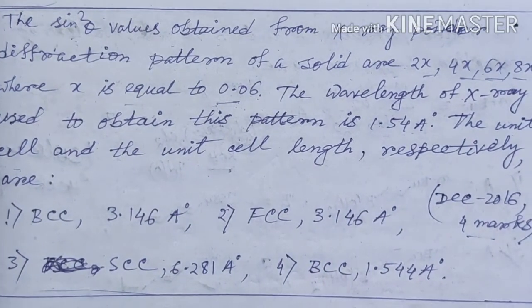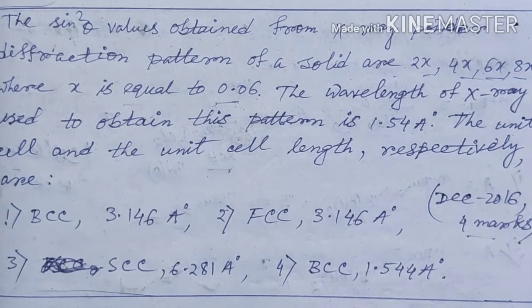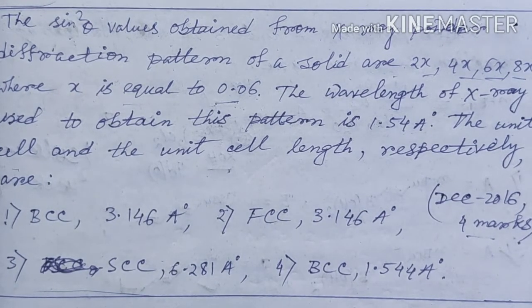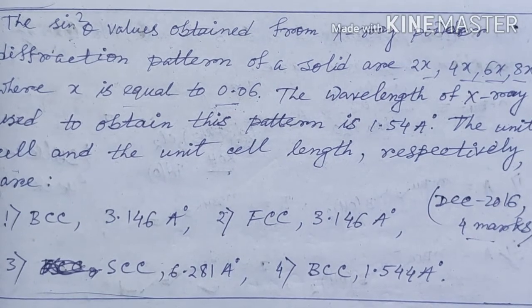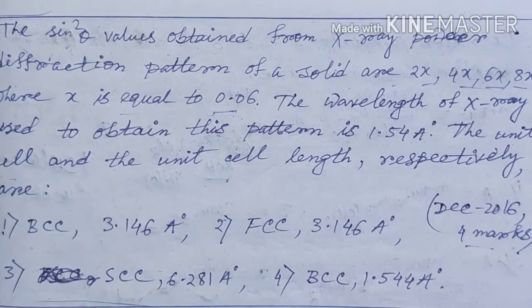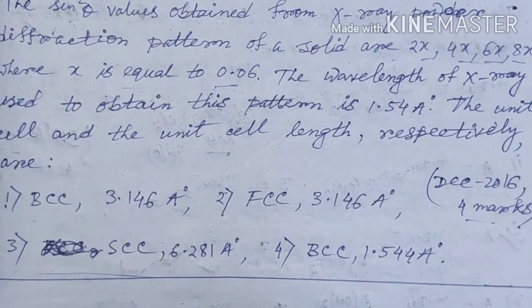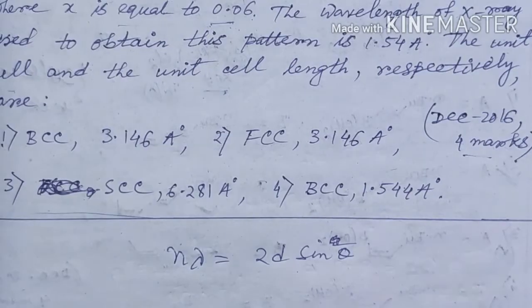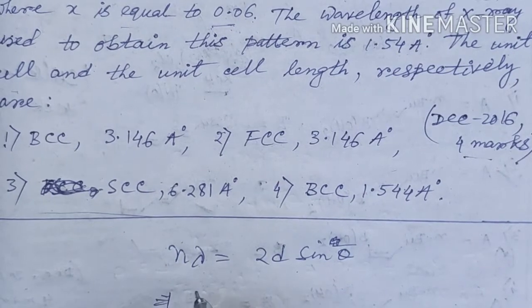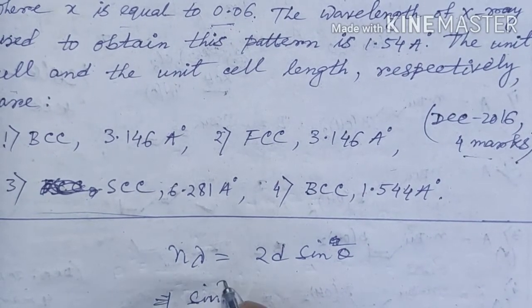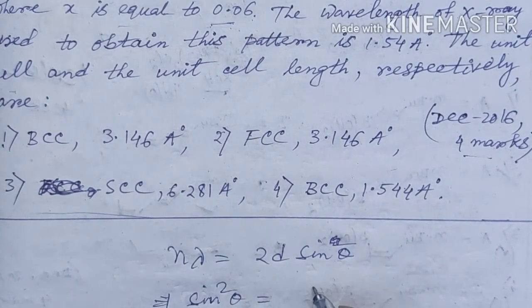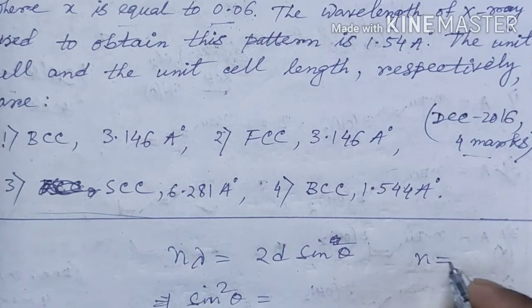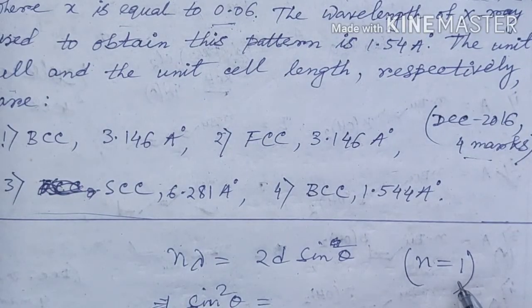To solve this question we have to go through Bragg's equation, that is n lambda is equal to 2d sin theta, and if we transform it into sin square theta, here we are taking n is equal to 1, since the order of diffraction is not given.